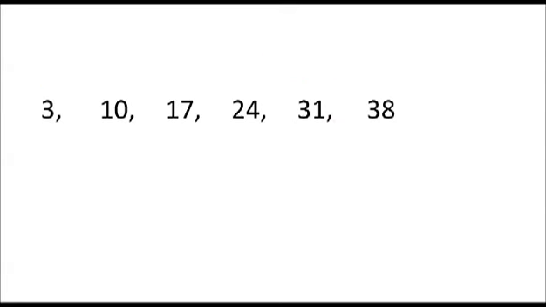Sometimes it's convenient to talk about the relative order of terms in our sequence without specifically talking about an exact value. So for example, I may want to talk about the term a sub n. Now, I don't know exactly which term this is. It depends on what the value of n is. For example, if n was 2, I would be talking about the second term, which has a value of 10.